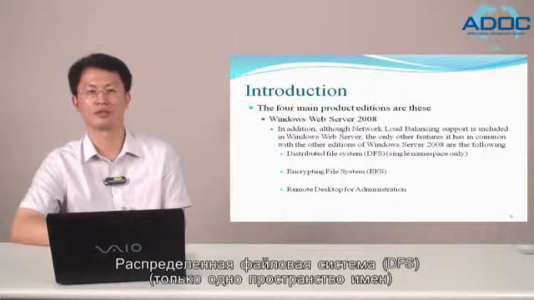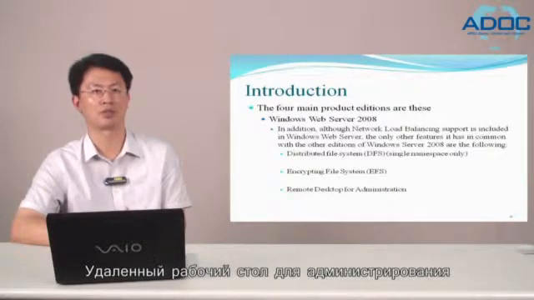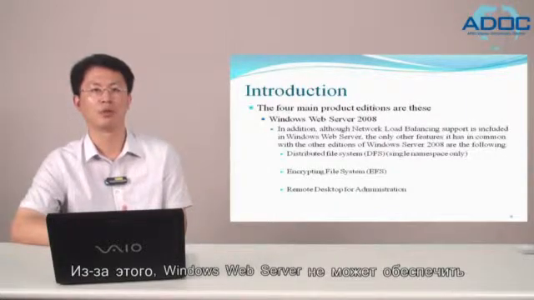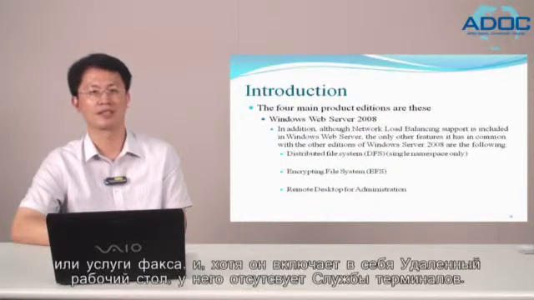Distributed File System, DFS, single namespace only. Encrypting File System, EFS, and Remote Desktop for administration. Because of this, Windows Web Server cannot provide Internet Connection Sharing, network bridging, or faxing services.